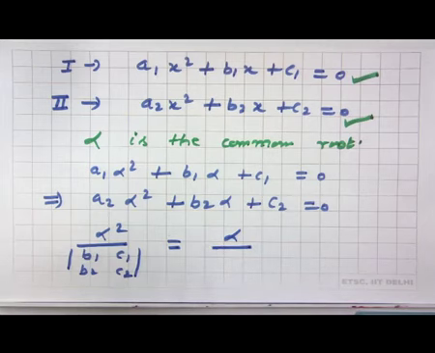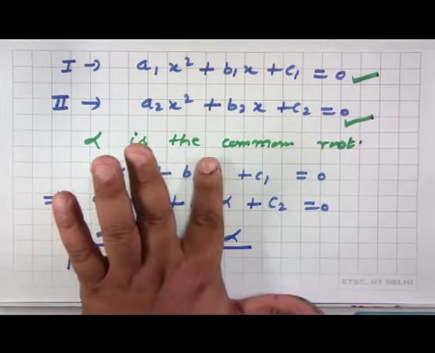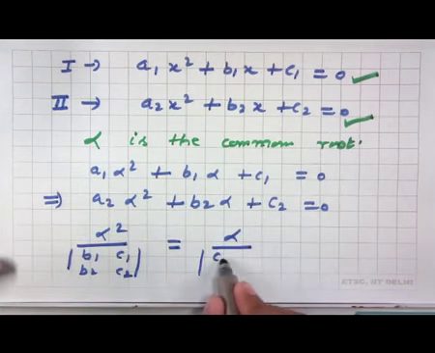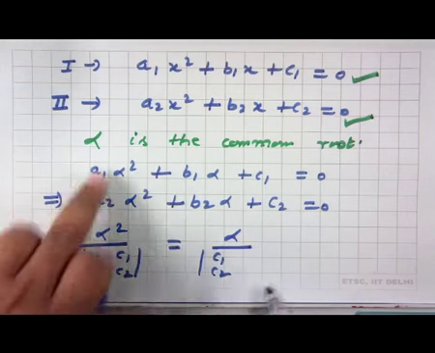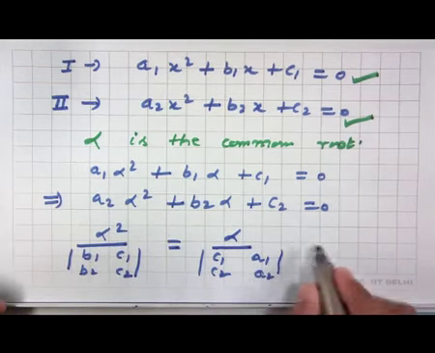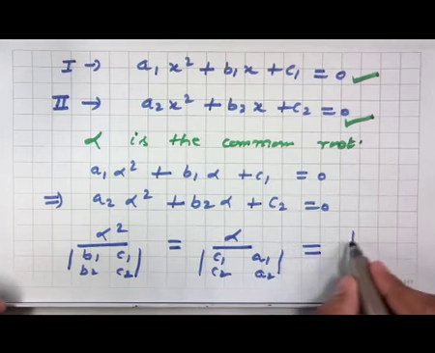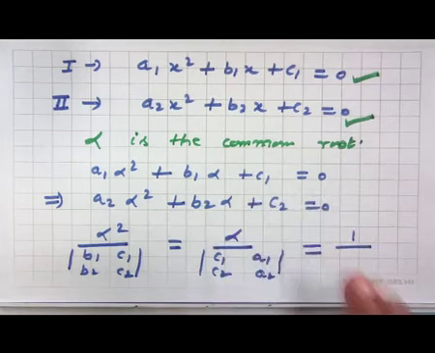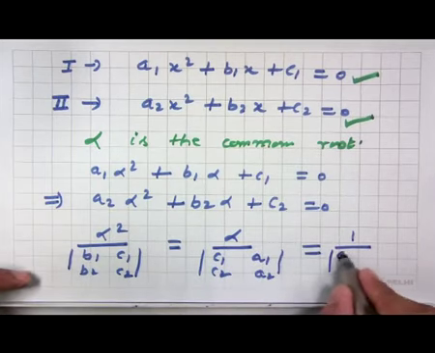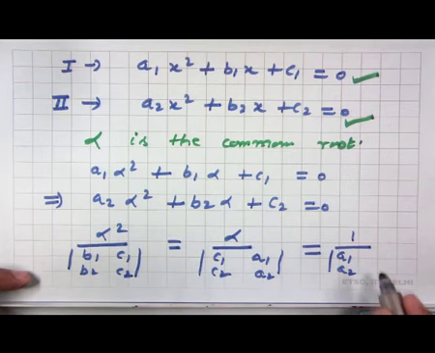Now, we will hide alpha, take the coefficients c1 c2, after that a1 a2. Now, the constant part will be 1. Now, we will hide c1 c2, it will be a1 a2 b1 b2.